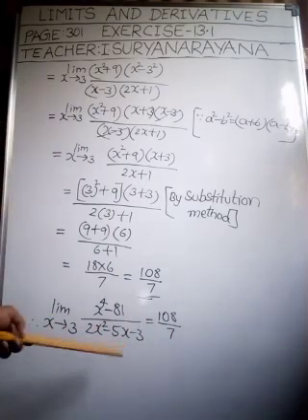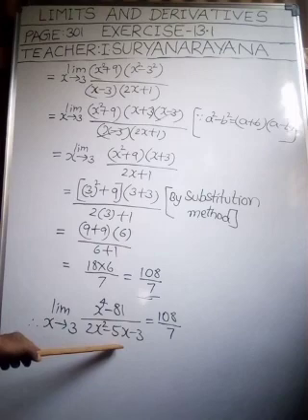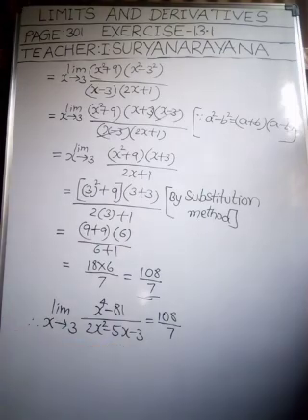Okay, my children, understood the question? Right. Now, you try question number 9 and question number 11, my children. By using the substitution method, you can evaluate the limits of the given functions easily. Will you try yourself question number 9 and question number 11, my children? Right.